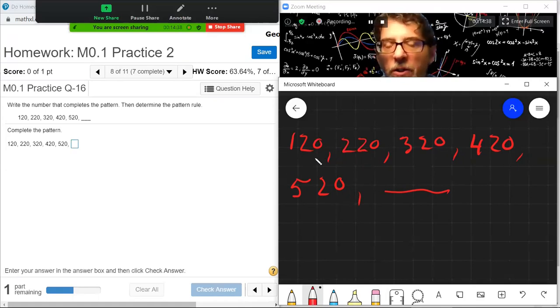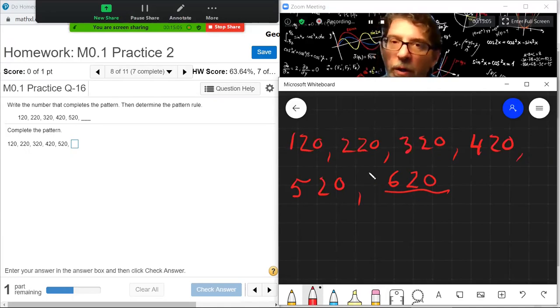What changes is the hundreds spot number. This is the ones, the tens, the hundreds. So the hundreds goes from 1, 2, 3, 4, 5, and we can guess it's going to be 6. And what goes here? They're all 20s, so it's 20. So that's one way you could have done it.